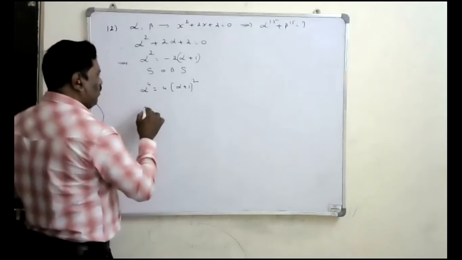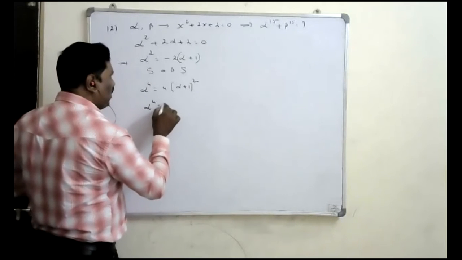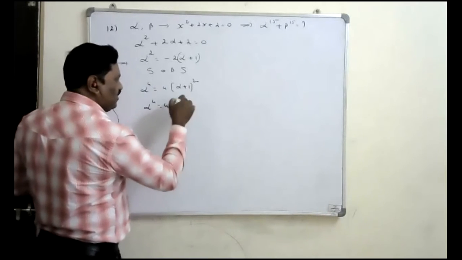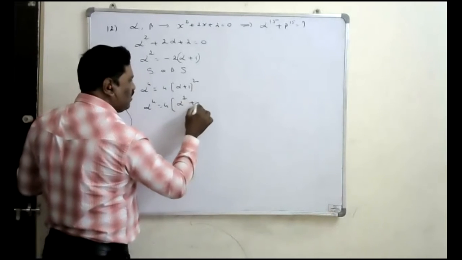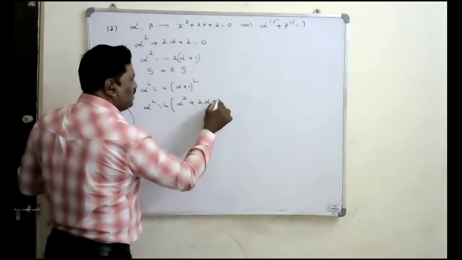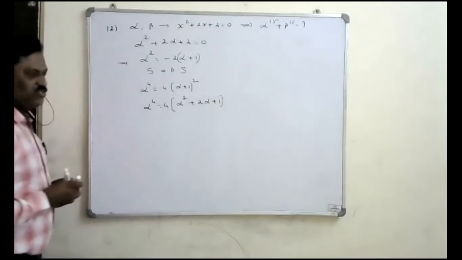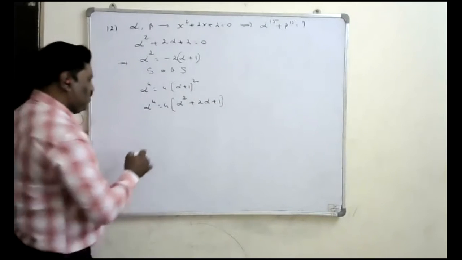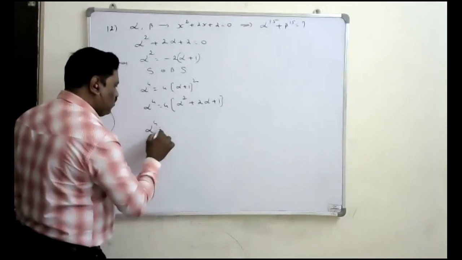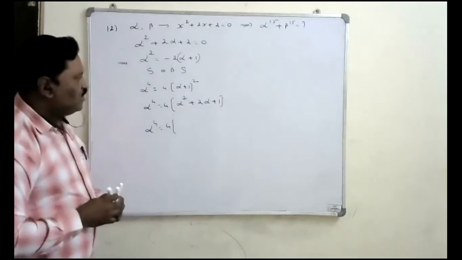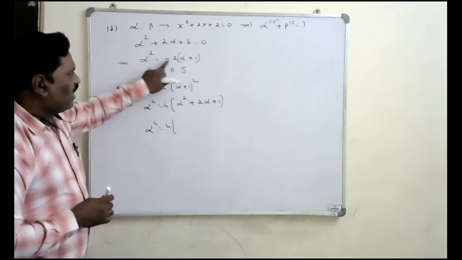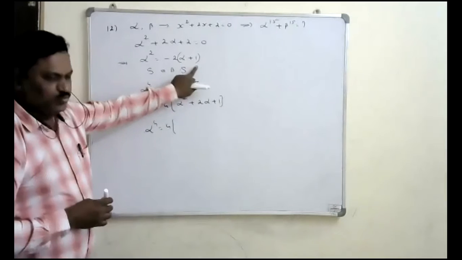So alpha power 4 is equal to 4 times alpha plus 1 whole square, which expands to alpha square plus 2 alpha plus 1. Again, alpha power 4 is equal to 4 times the expansion. Here we have alpha square, but alpha square value is minus 2 alpha minus 2.